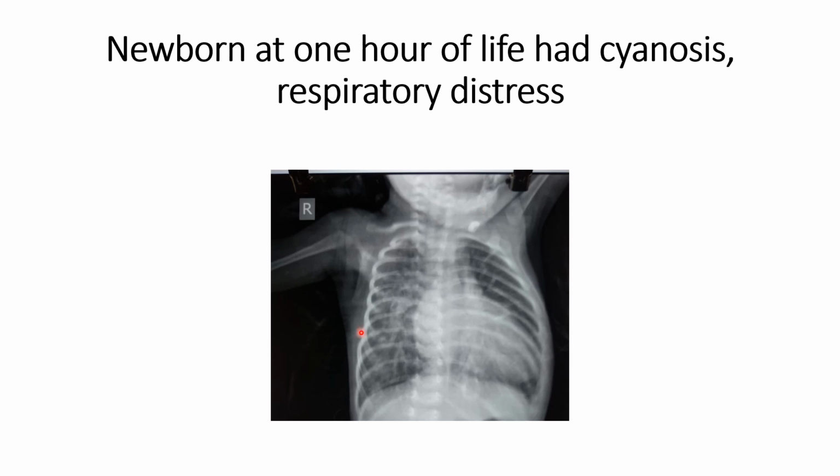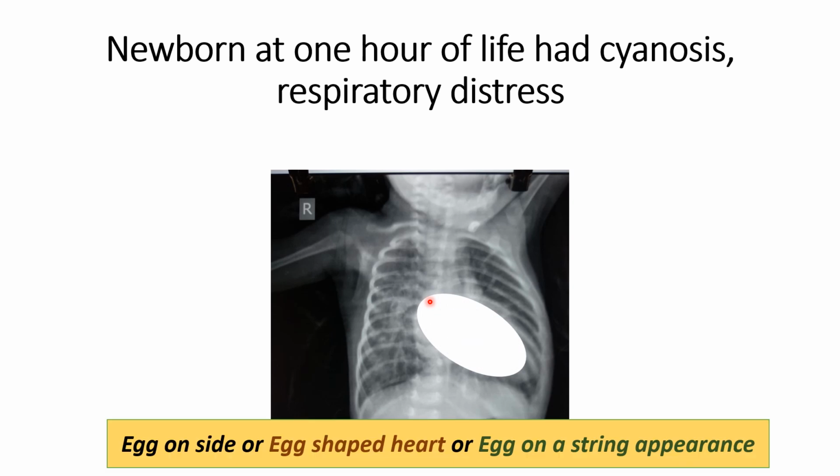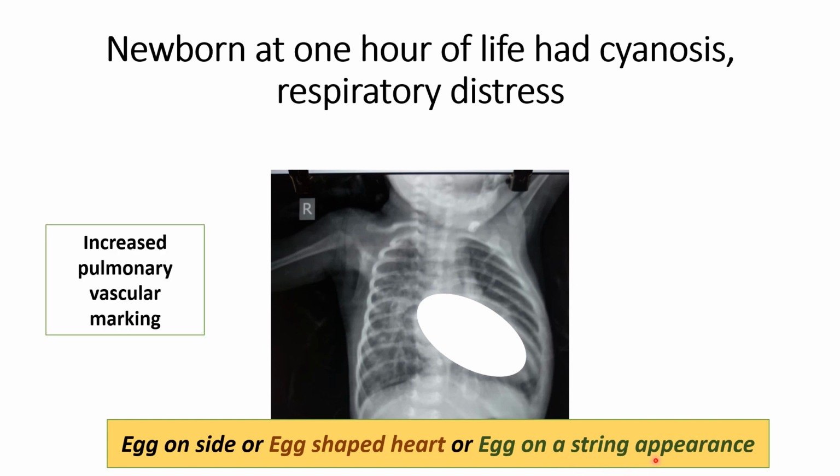Now this is another X-ray. This is the X-ray of a newborn who was admitted at 1 hour of life in our NICU having central cyanosis and respiratory distress. When we performed the chest X-ray, we see the characteristic contour of the heart, which is egg-shaped, or we can say egg on a string appearance.